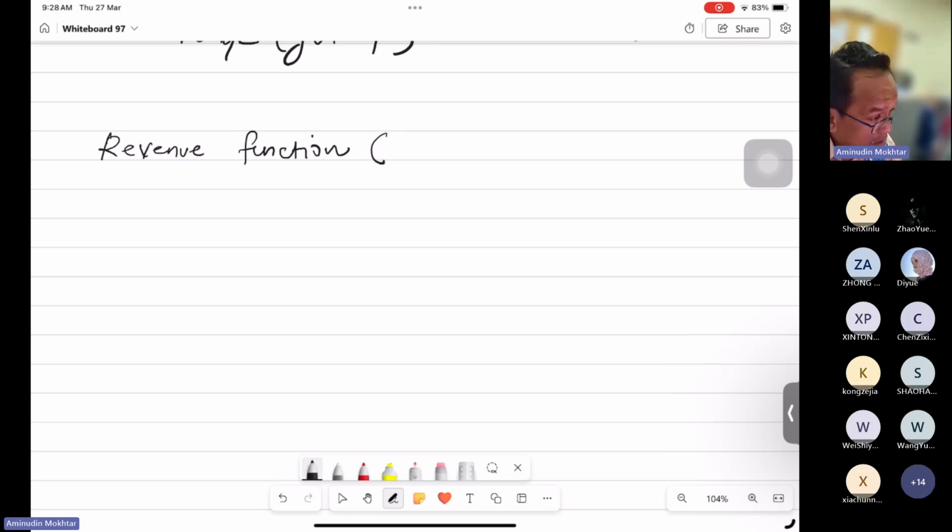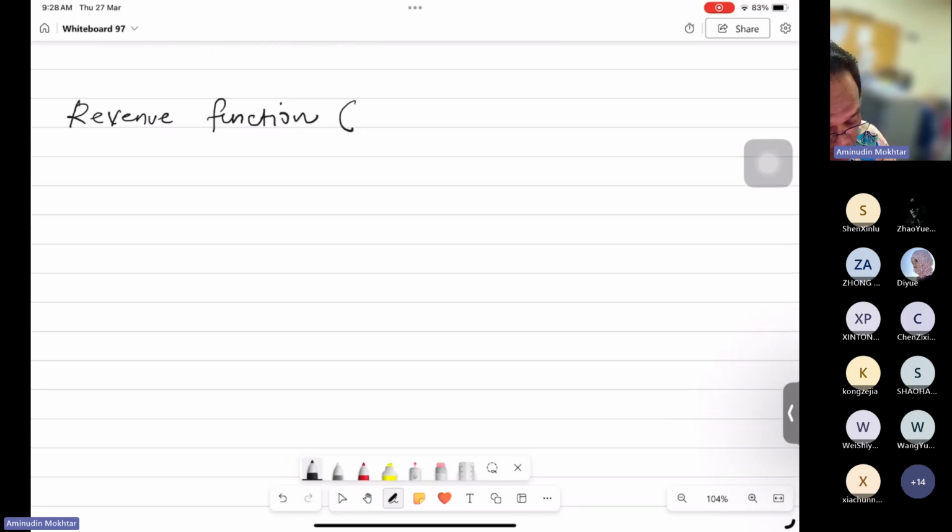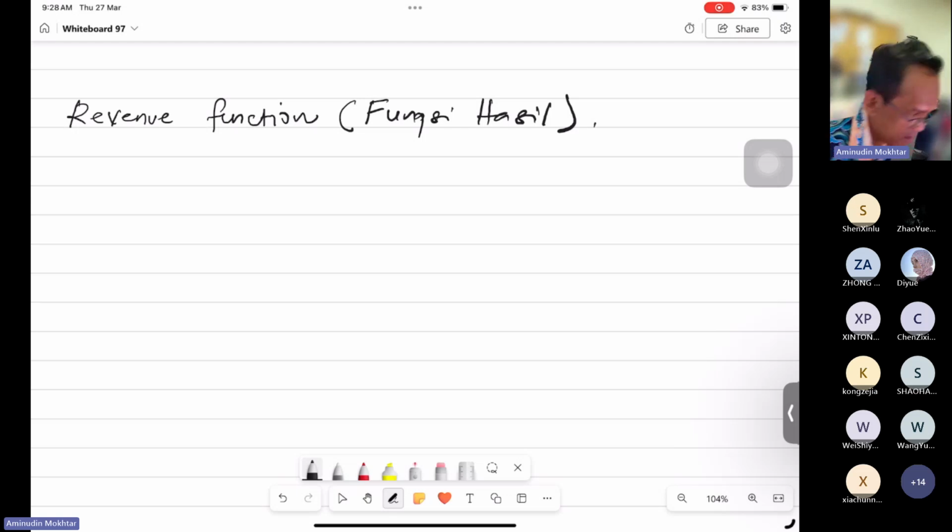In our national language, bahasa Melayu, revenue function is called fungsi hasil. Revenue is hasil. Fungsi hasil. Revenue function.